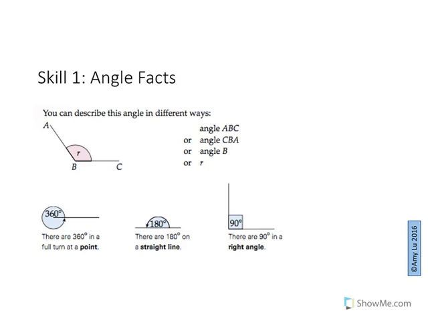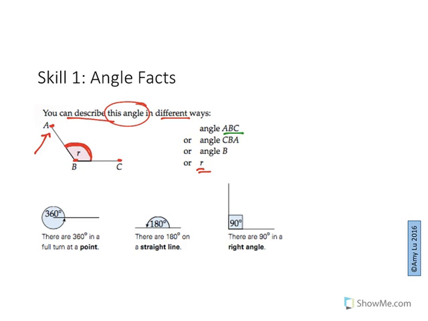So now we're going to go ahead and talk about angle facts. You can describe this angle in different ways. If we look at it, we have three vertices, A, B, C. Those are called vertices. One of them alone is called a vertex. Now, to label this angle, which is the red part, we can call it angle R. Or we can say the letters in the order that makes the shape.